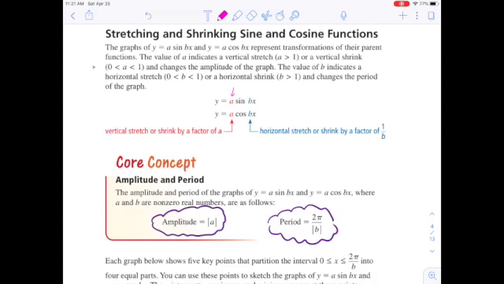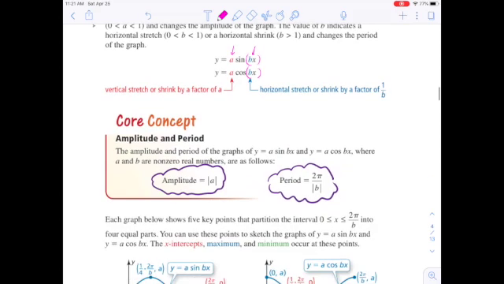This is the same across all of our functions that we've dealt with all year. And if you have a b on the inside of your sine and cosine function, those are your horizontal stretch and shrink by a factor of the reciprocal of that b.